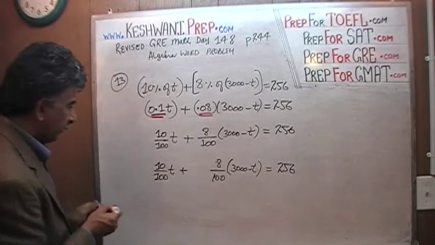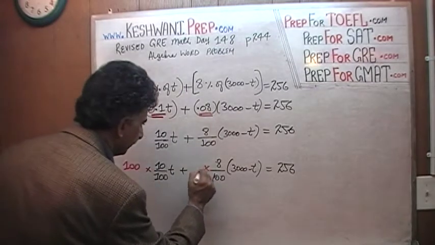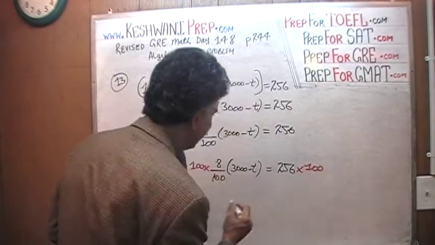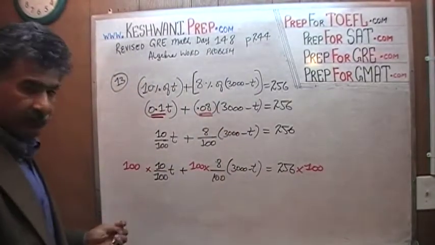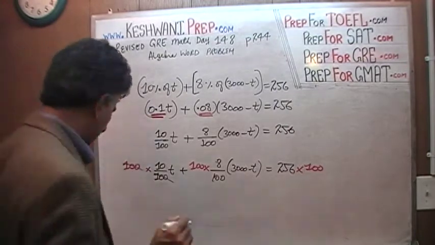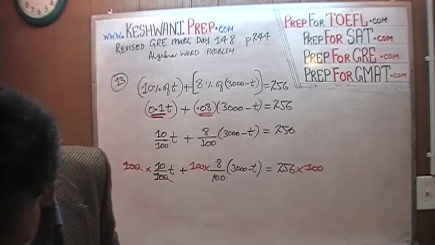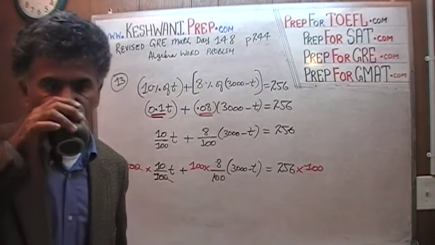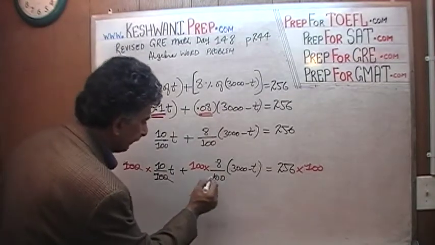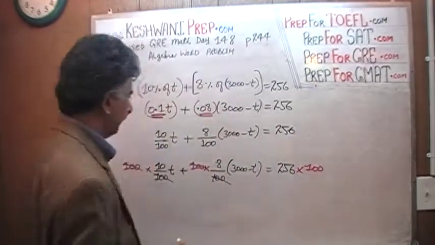Multiply the entire equation by 100, so this term gets multiplied by 100, this term gets multiplied by 100, and on the other side we multiply by 100. And as a result, this 100 drops out. And similarly, this 100 is going to drop out with that 100, and here we end up with 256 times 100.